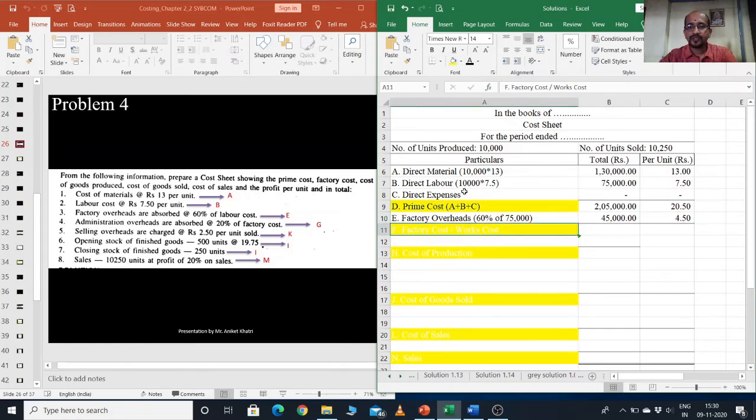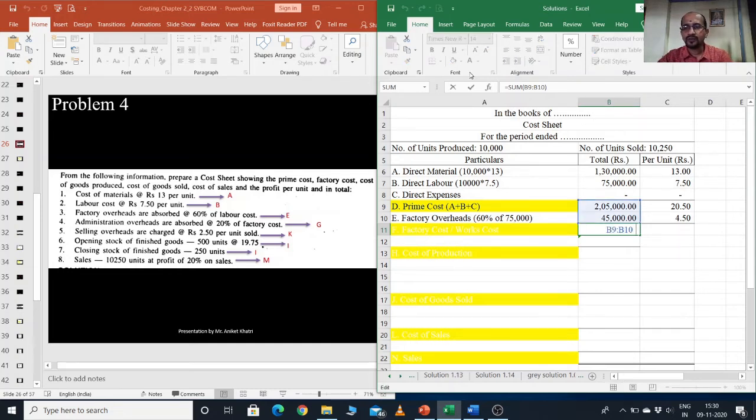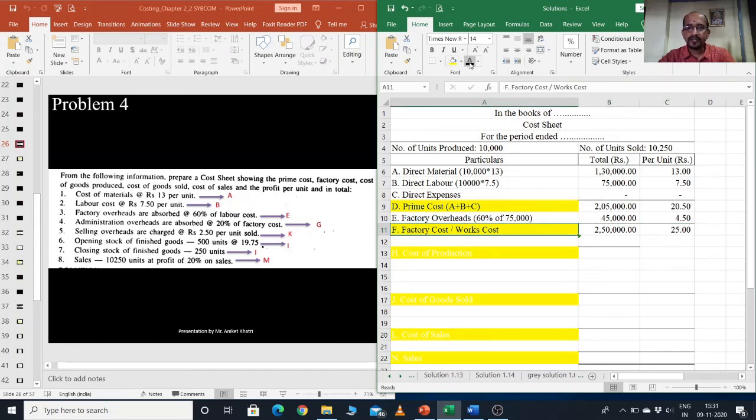Okay, now just do the total again of these two items. Our amount will be 2,50,000 and per unit is 25 rupees. This is our factory cost or works cost.